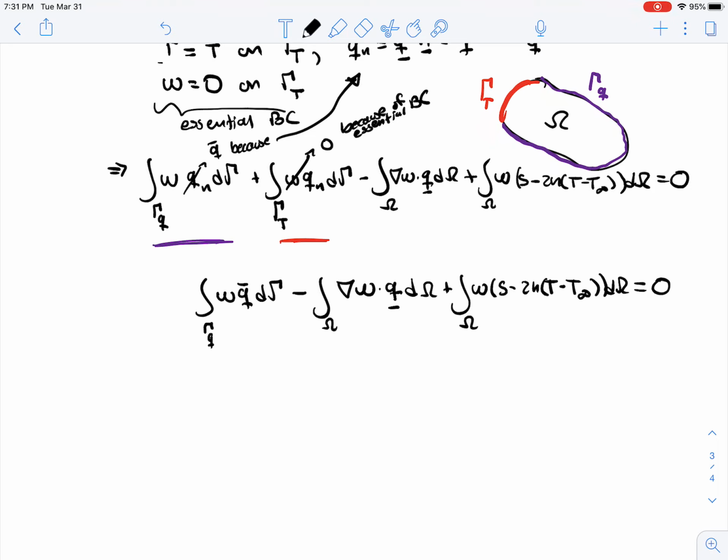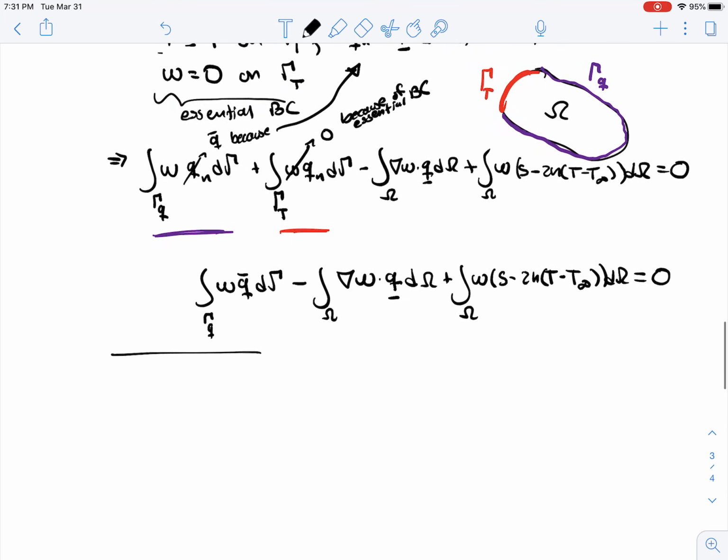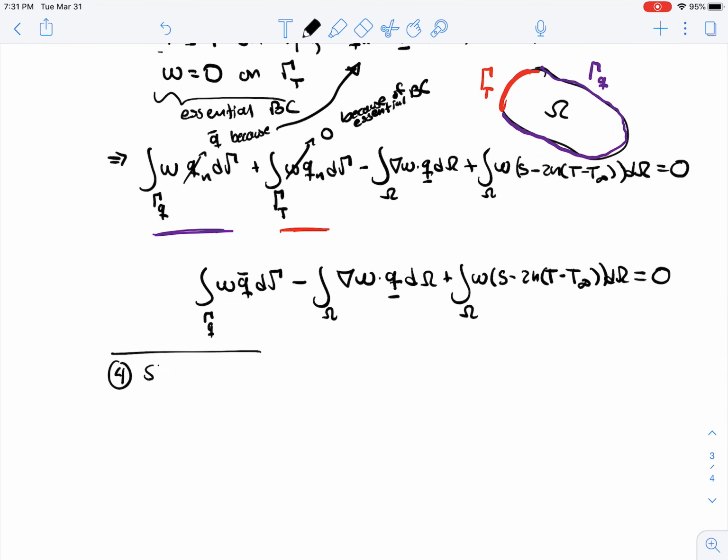That's pretty much it. We just need to state the weak form. Okay, I'll state the weak form and then I'll add a couple of notes. So here finally I can state the weak form.